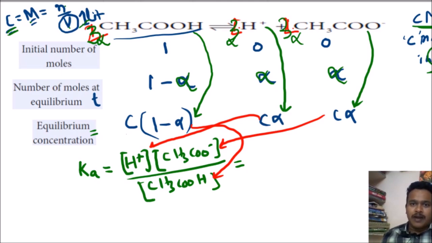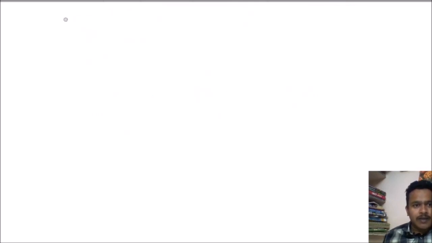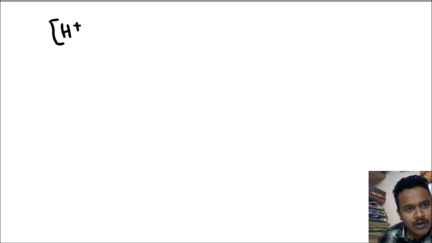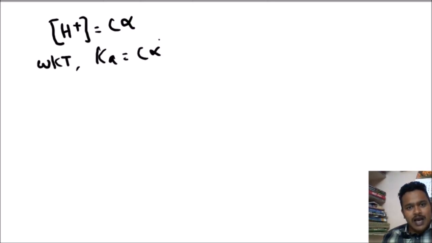What I know is that the H plus concentration is C alpha. Small adjustment I will do. What we just discussed, we know that Ka is equal to C alpha square.